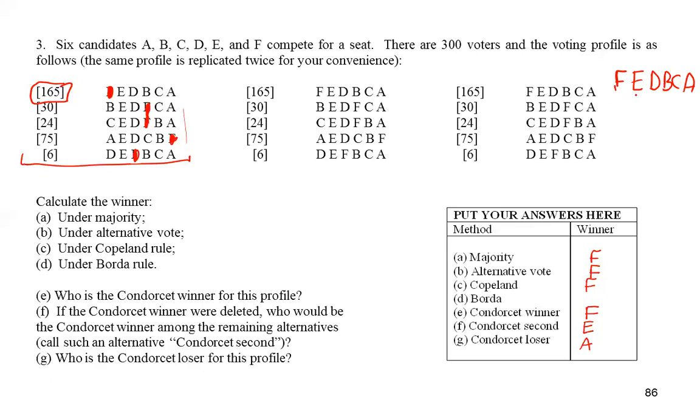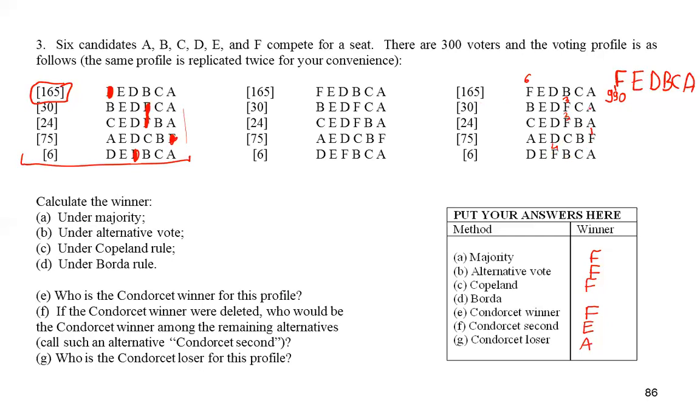But clearly for F and E, these are the most important alternatives, the challengers to the title of Borda winner. What about F? 165 voters times 6. This means that F gets 990 points from those 165 voters. And then, so this was 6 points here, but now 3 points, just 1, and 4.